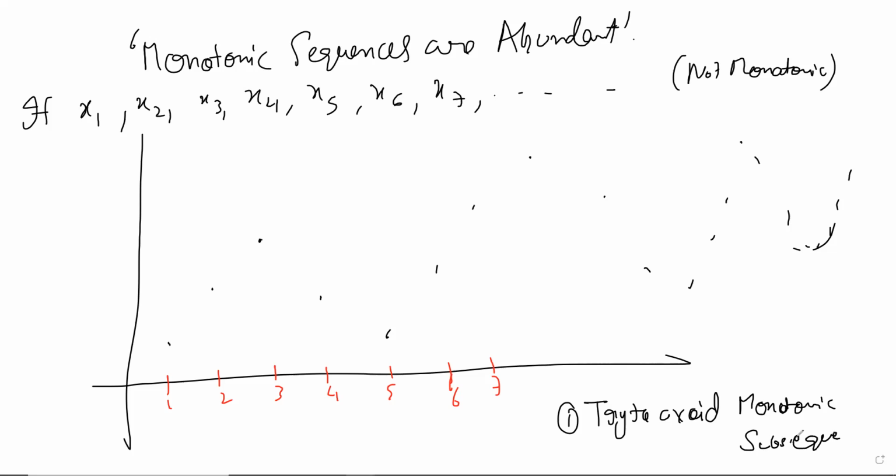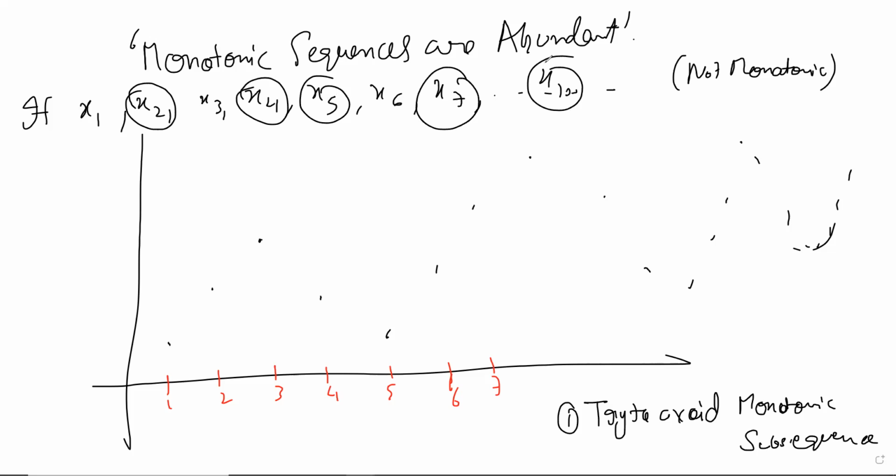Now subsequence just means part of the sequence. What's a subsequence? I can take x2, x4, x5, x7, x100. That forms a subsequence, and that can be infinite. A subsequence just means that you pick a part of the sequence in the same order, meaning terms should come next.